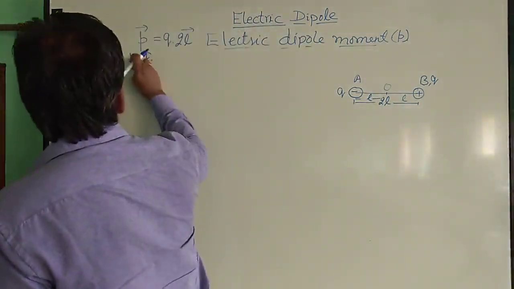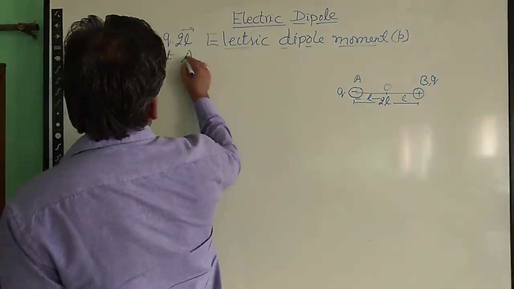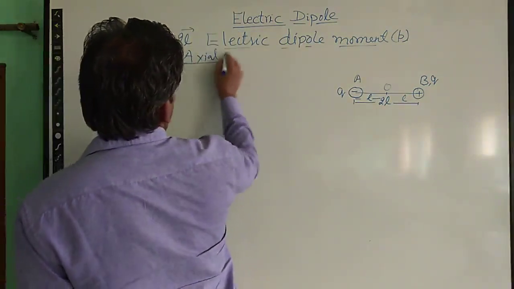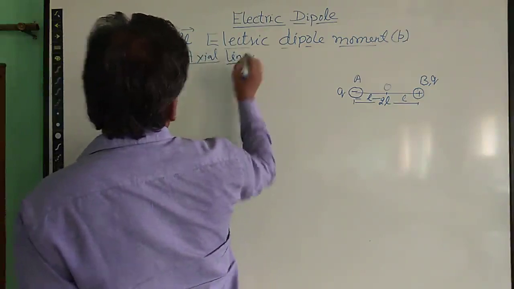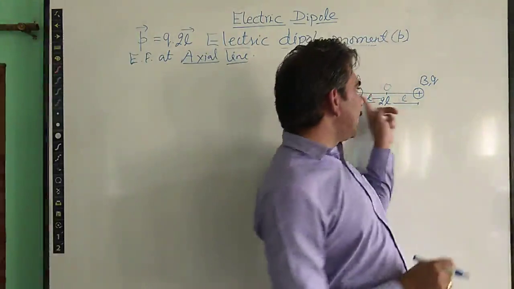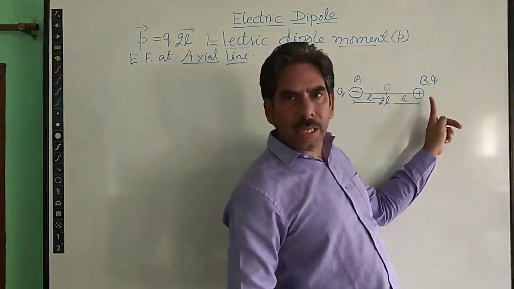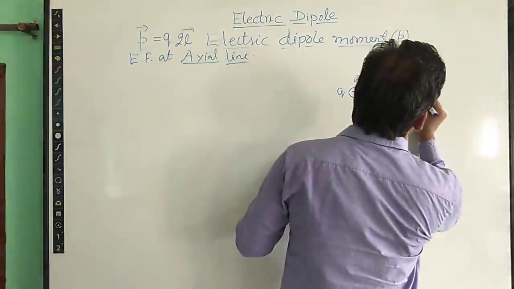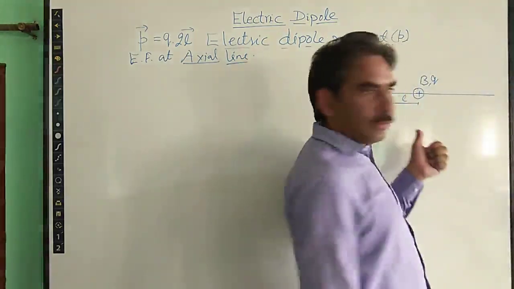We are trying to find the electric field at the axial line of the dipole. So what is the axial line? The axial line is the one which is along the line joining the two charges of the dipole and passing through the center of the dipole.